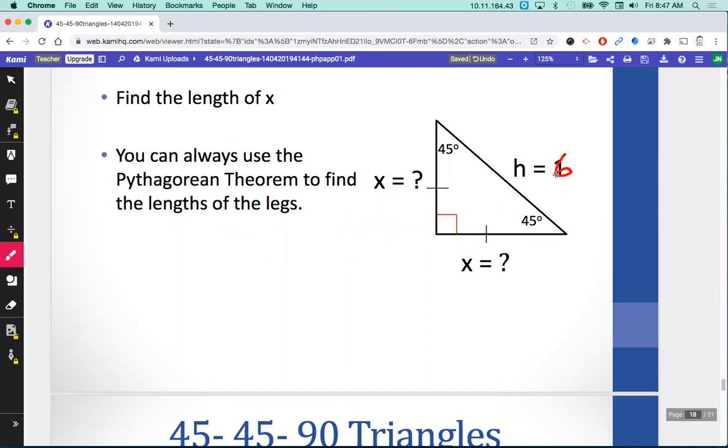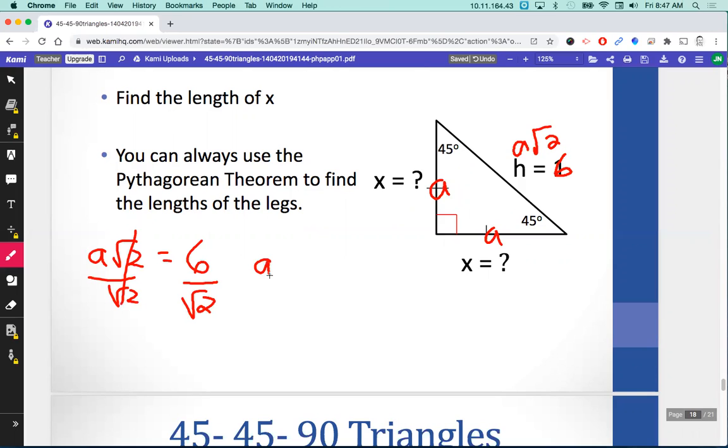So we know this is a radical 2, a, and a. If I want to solve for a, radical 2 equals 6, then I divide by radical 2. I get a equals 6 over radical 2. I multiply top and bottom by radical 2. I get a equals 6 radical 2 over 2.